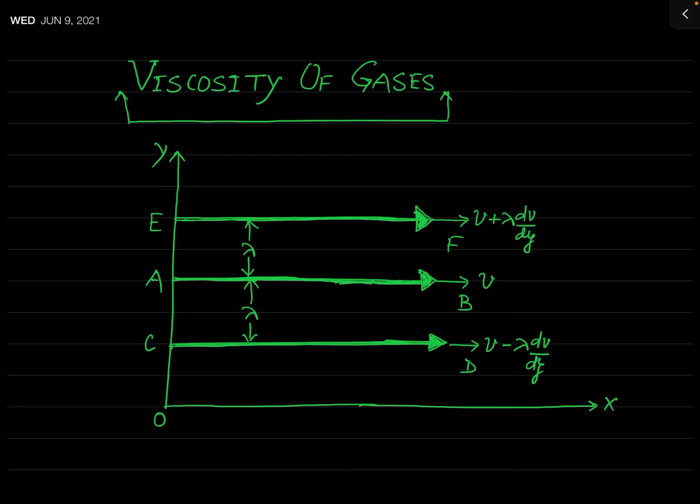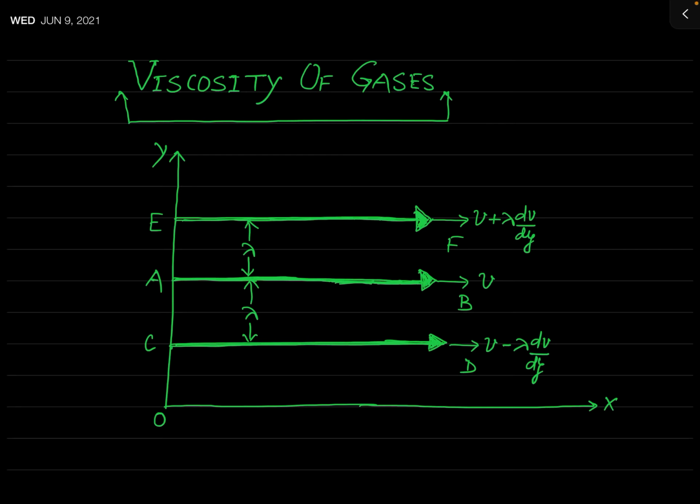Due to the velocity gradient between the different layers of gases, there is a transport of momentum, and due to this transport of momentum, viscosity takes place.